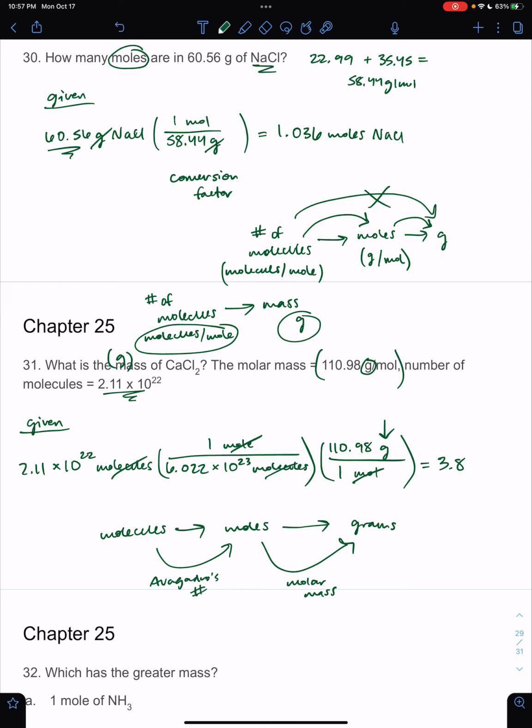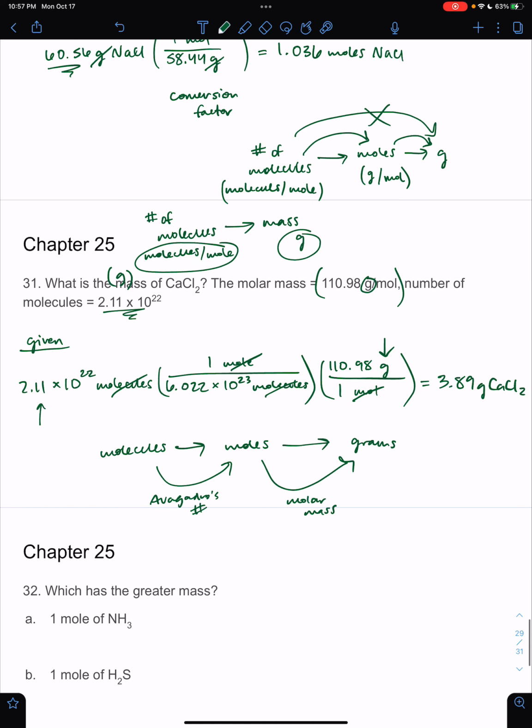The smallest number of sig figs is in 2.11. That's 3 sig figs, so we're going to do 3.89 grams of calcium chloride. Okay. So this one is just combining two steps, going molecules to moles, or atoms to moles, and then moles to grams.